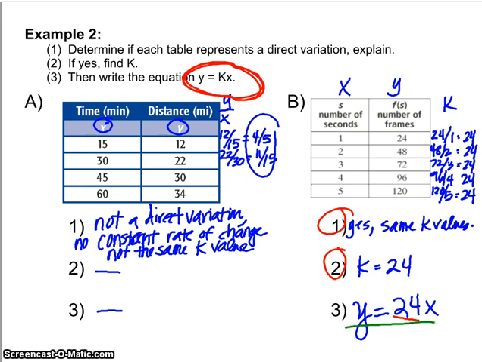Looking at this equation basically says the y value can be found by multiplying your x value by 24. In other words, y is 24 times greater than x. And that is the relationship between all of the numbers in your data table.